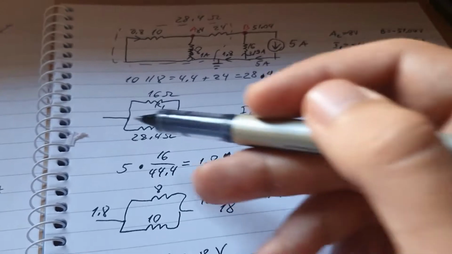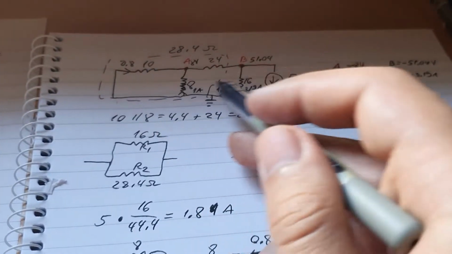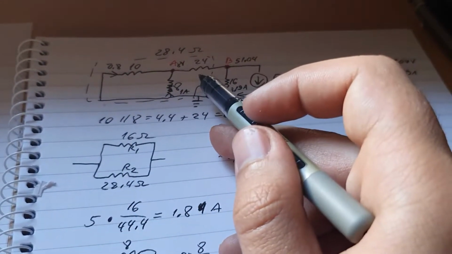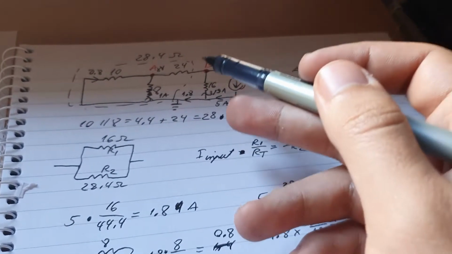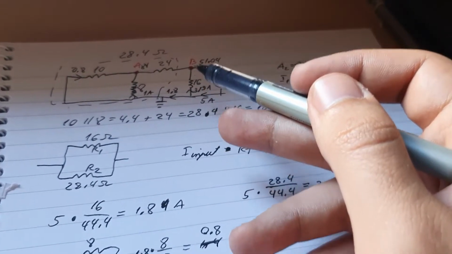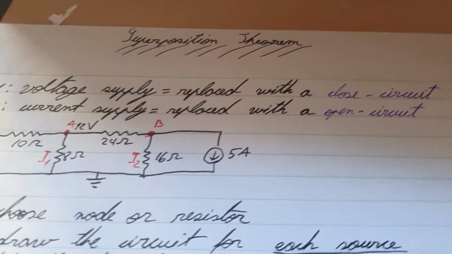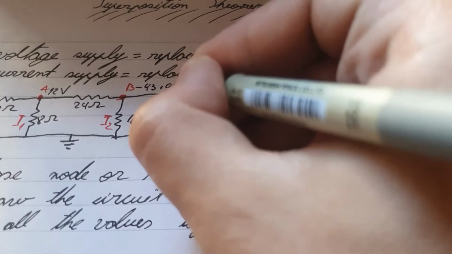For example, let's say here I didn't use 28.4. I didn't use the 3 resistors. I used only these 2 in parallel, without adding the 24. That made all the calculation wrong, and that made point B not match with the current. So the current multiplied by this resistor won't give me node B. Okay, actually it's right here. This one is supposed to be minus 43.04 volts.